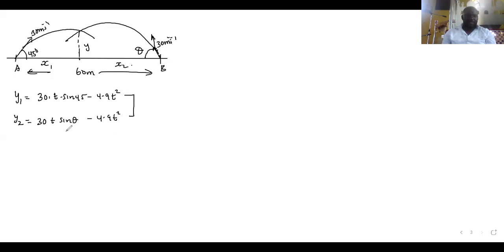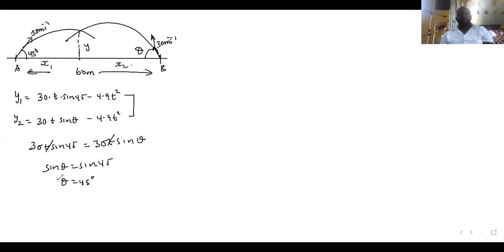But because these two heights are the same, it means 30 t sine of 45 is going to be equal to 30 t sine of theta. With this, when you lose the time, you will get sine theta is equal to sine 45. So it means also theta is 45.